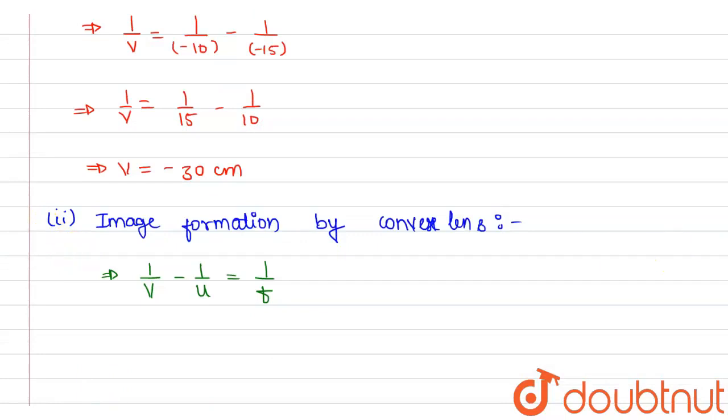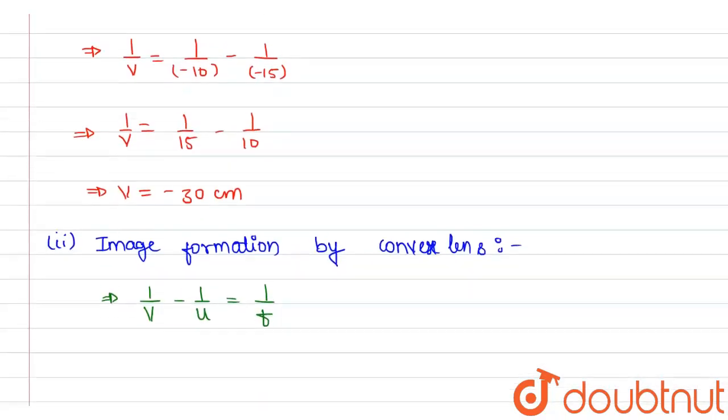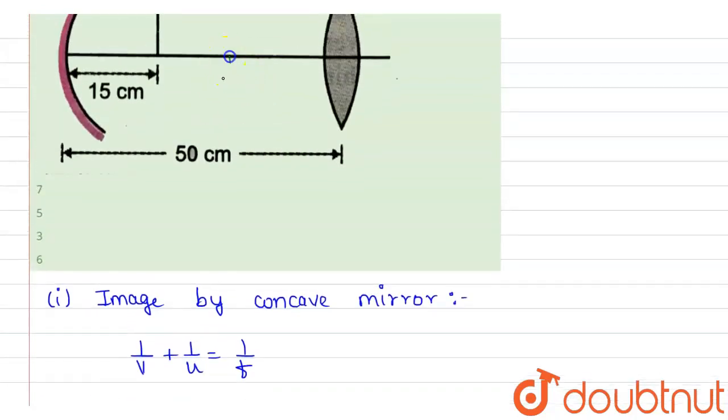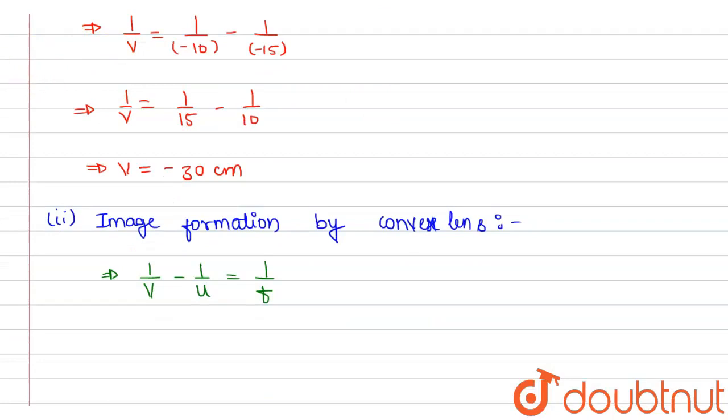So first we find the distance of the object from the convex lens. The whole distance is 50 and the image is forming at a distance of 30 from the mirror, so from here to here it will be 30. So it will be 50 minus 30, which is simply 20, and u will be minus 20 centimeters. The focal length for our convex lens will be positive, f is 10 centimeters, and 1 by v will be 1 by f plus 1 by u.